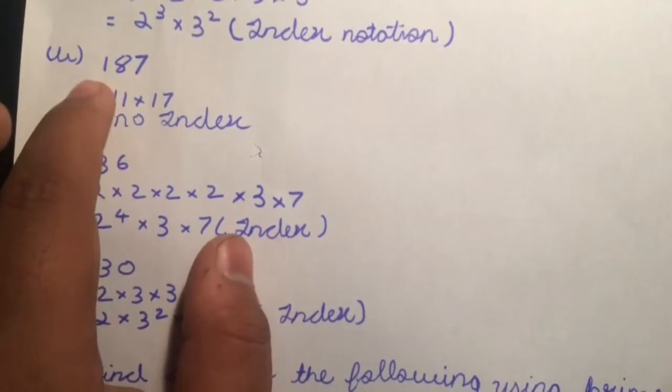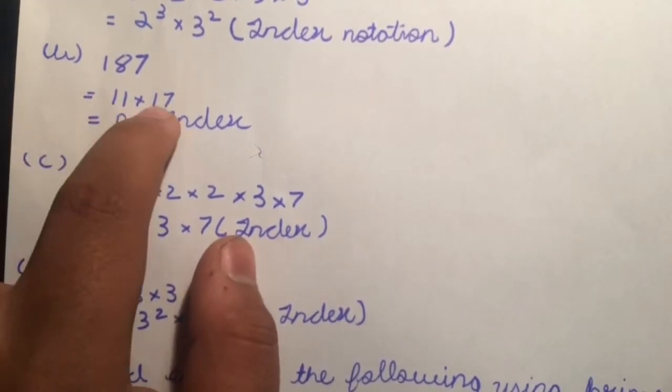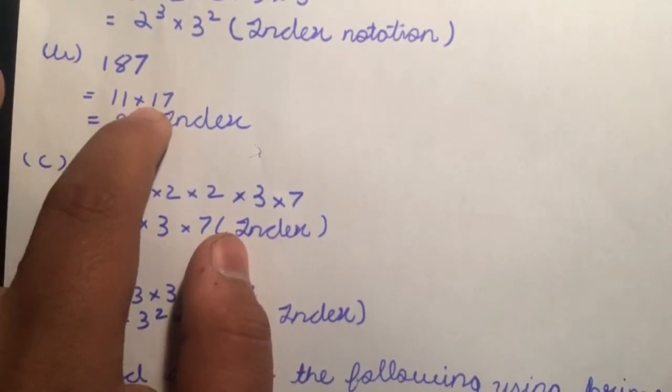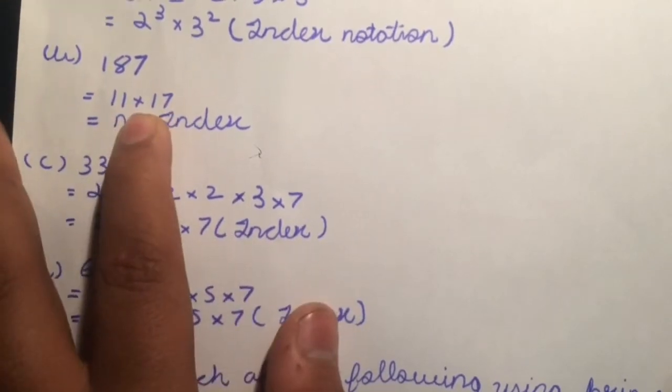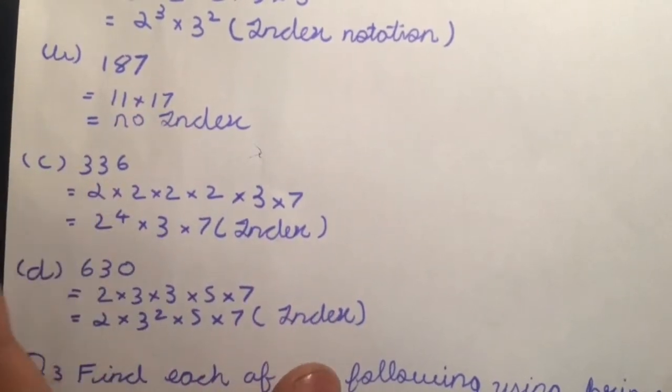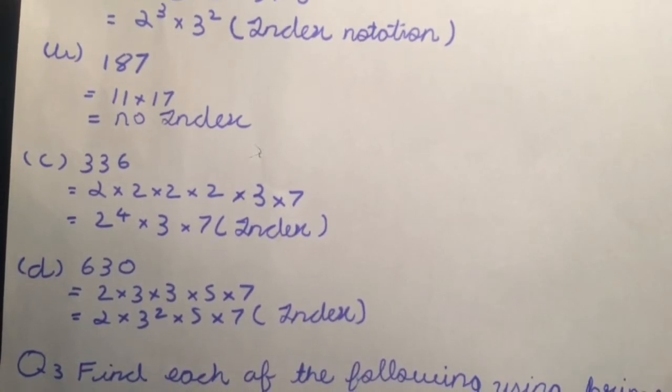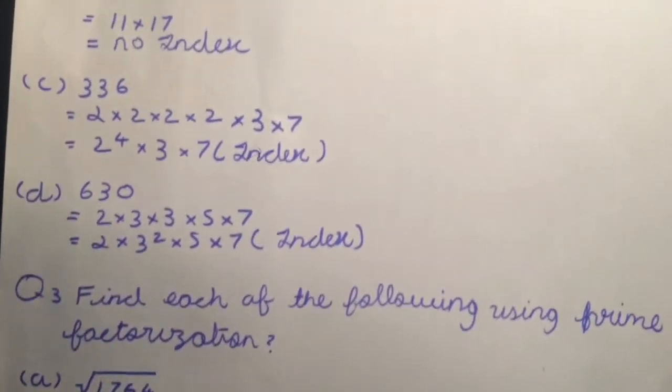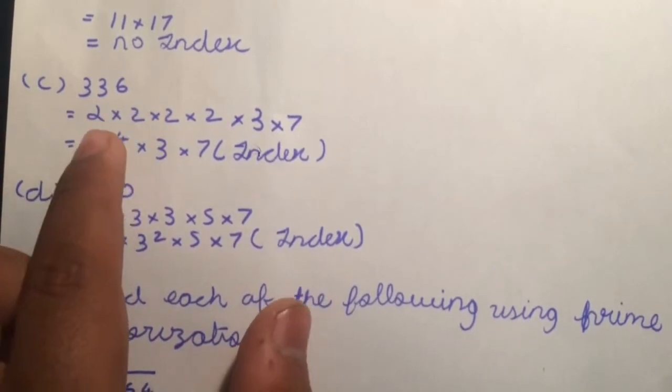Then it comes 187. It has no numbers that can be contracted, so there is no index of it. Then it comes 336.